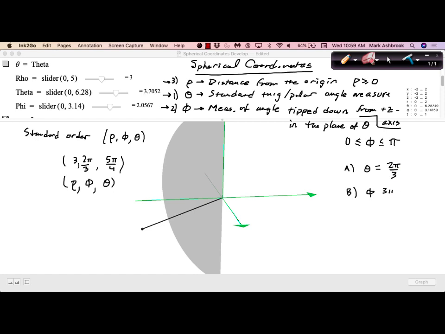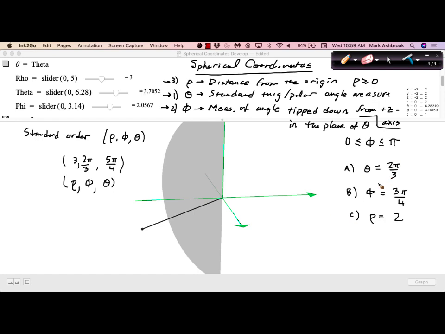Well, let's do 2 pi over 4. Let's do 3 pi over 4. And then rho equals 2.